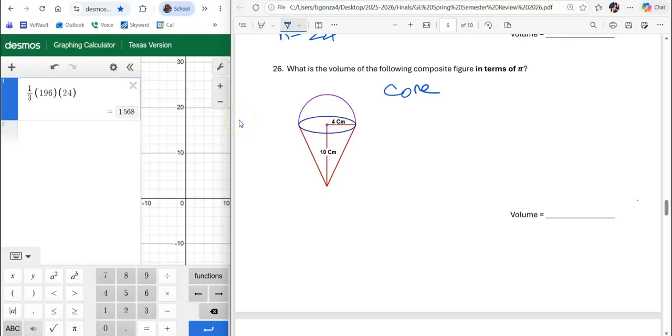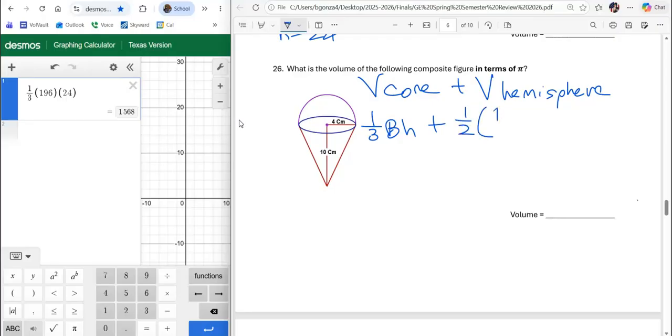Composite. So you've got a cone, the volume of the cone plus the volume of a hemisphere, right? So the cone is 1/3 BH. The hemisphere is 1/2 of a sphere, 4/3 pi r cubed. The height is 10.